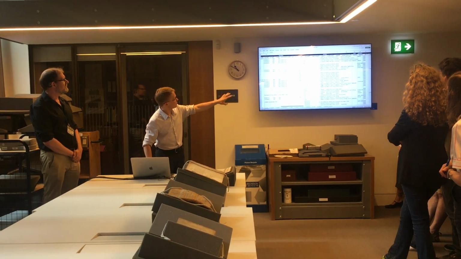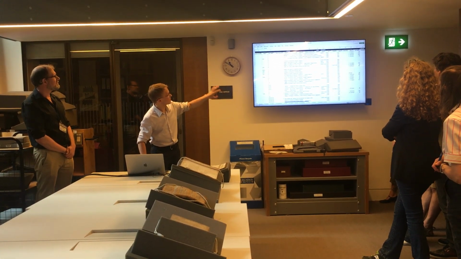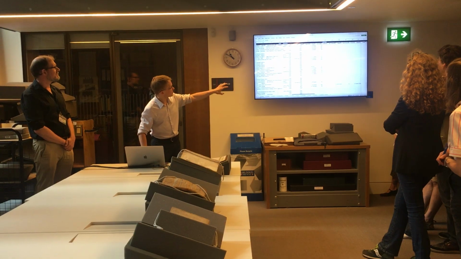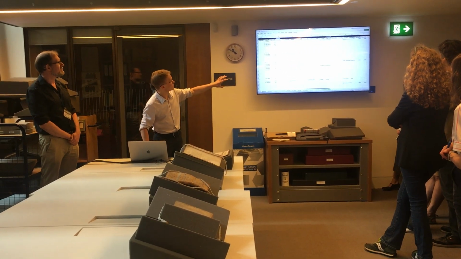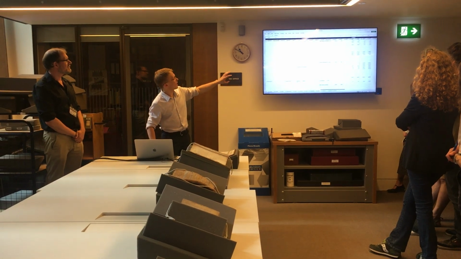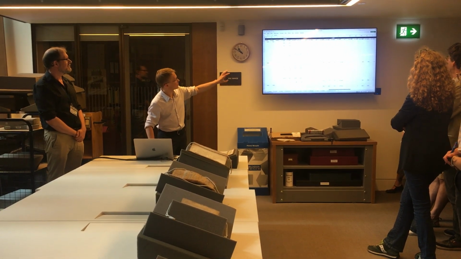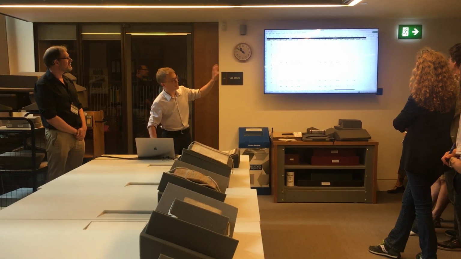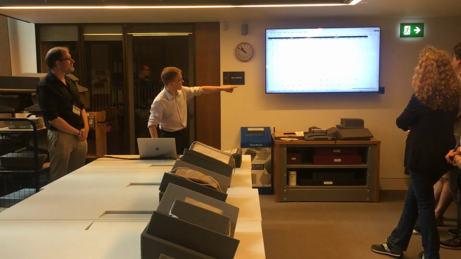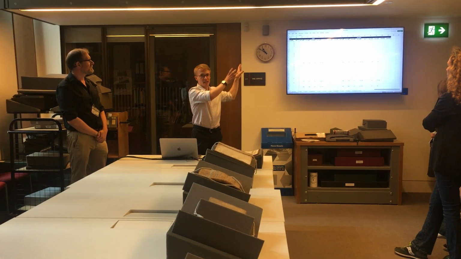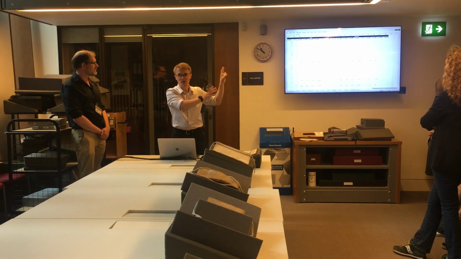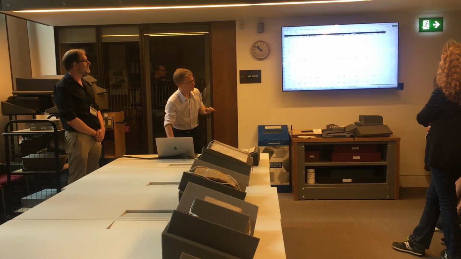You get information about the contents, including language, music, decoration, codicological details such as extent and support, palaeographic details, and then measurements of things like binding, leaves, and the text block, and so on. And there are lots of other tabs that give you a little bit more information. So if you are looking for particular manuscripts in the Bodleian, please go and use those data. They're there, freely available, very exciting.